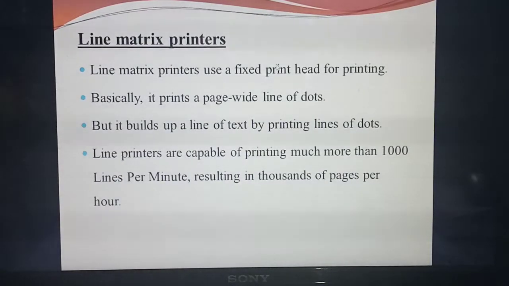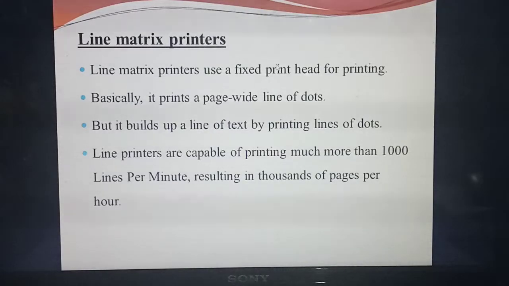So the next type of printer is the line matrix printer. This line matrix printer contains a fixed head. Line matrix printers will contain a fixed head, and using this fixed head only, the printer will print. So please differentiate and study.